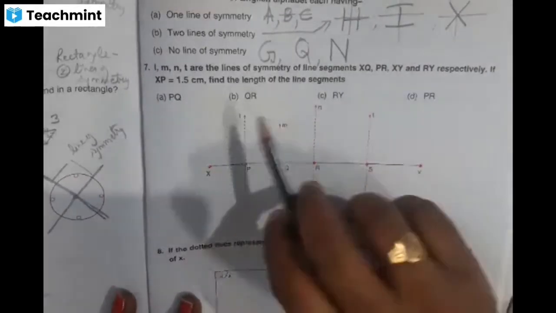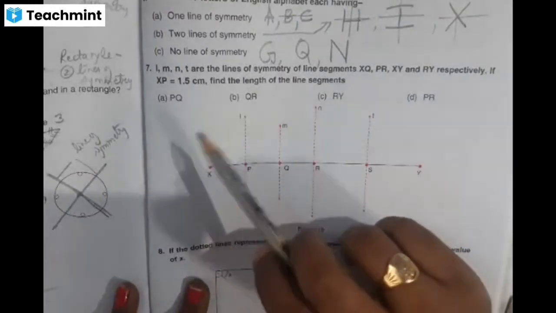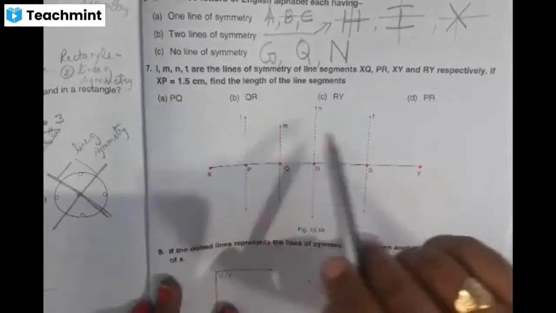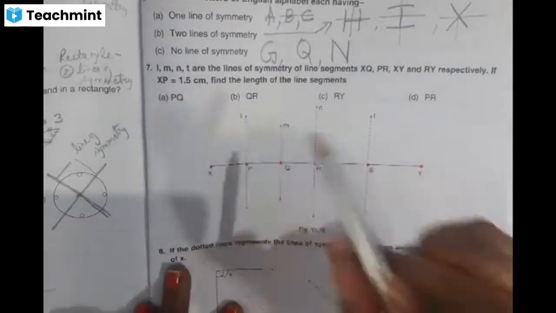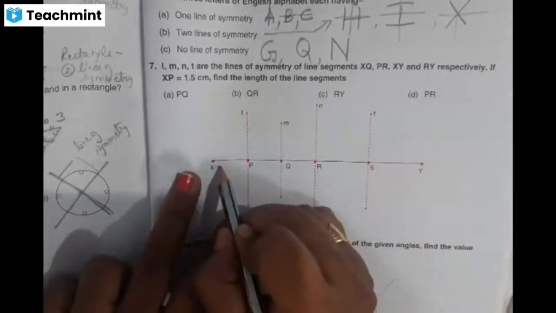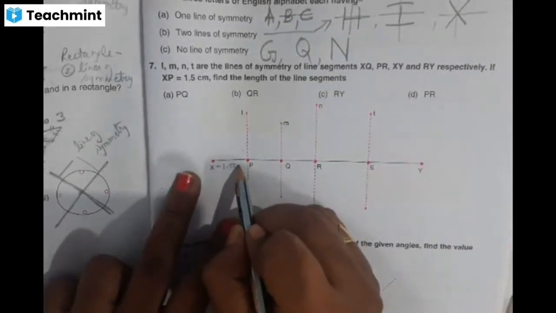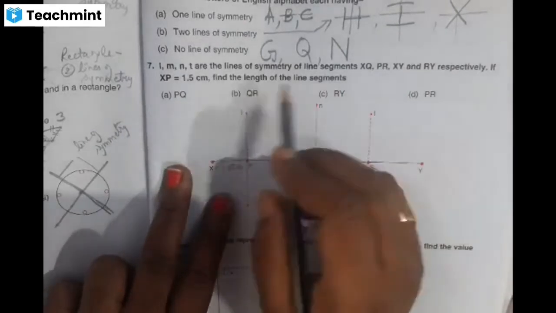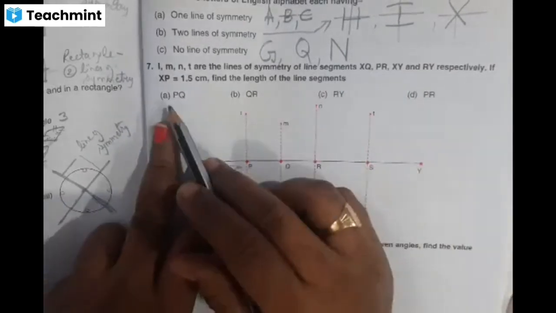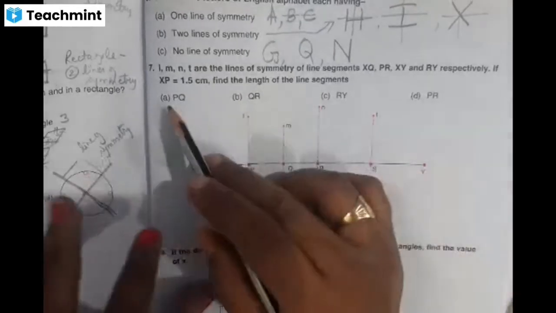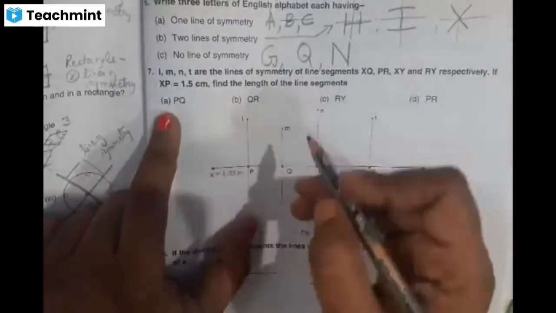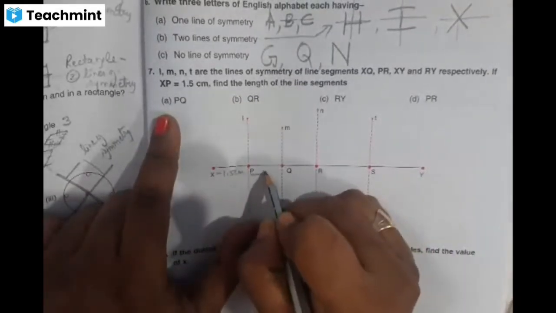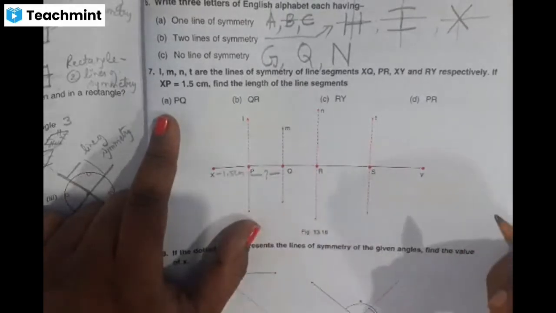So these are the corresponding line segments for the given lines of symmetry. Now, if XP is equal to 1.5 centimeter, then we have to find the length of the line segments one by one. Question A is PQ. What will be the line segment PQ?